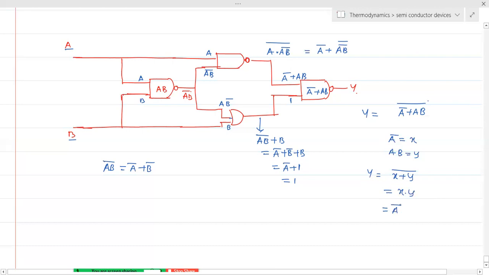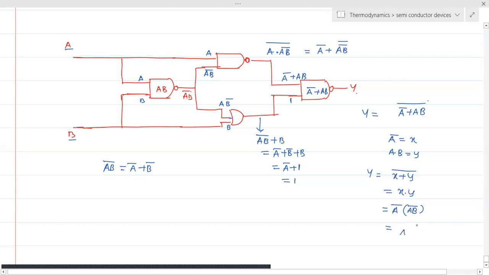So that means A bar into A dot B bar, or that is equivalent to A bar into A dot B bar plus B A bar.